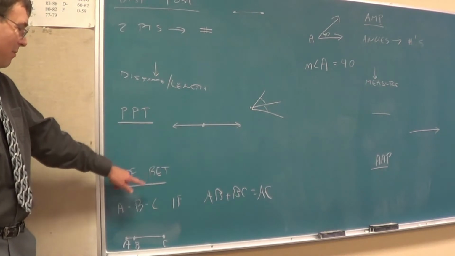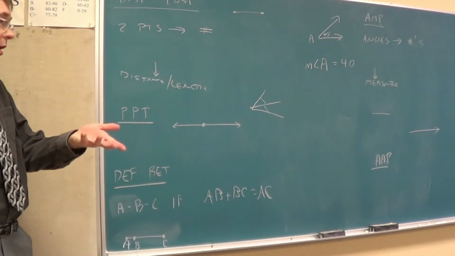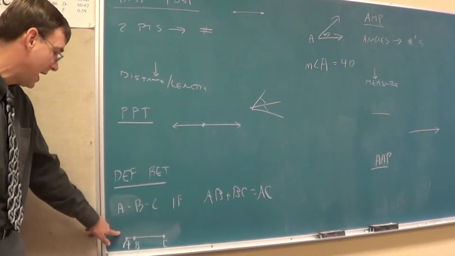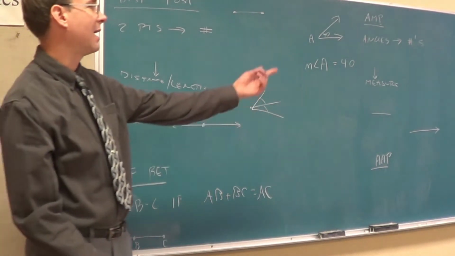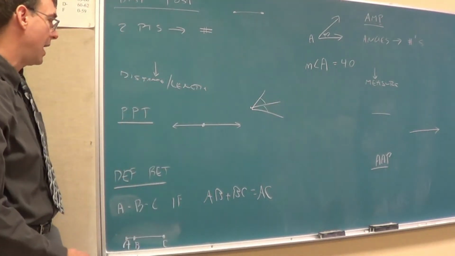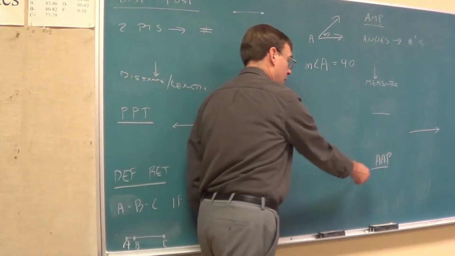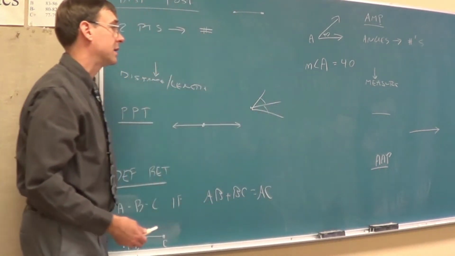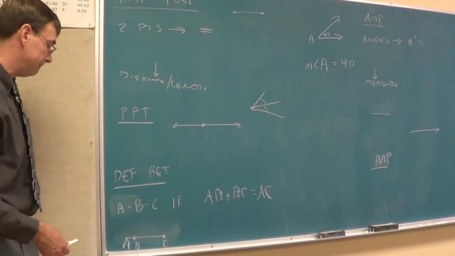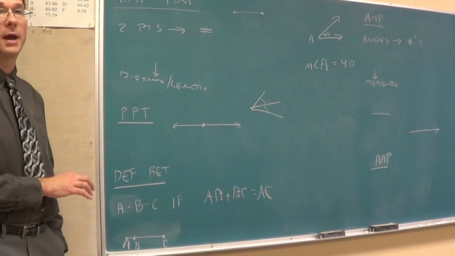I wouldn't memorize the letters. You can if you want to, but I think through picture style. Just like the definition of between lets you add littles to make a big, so does the angle addition postulate. Question about angle addition postulate?